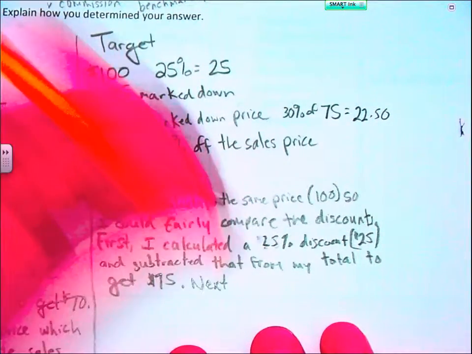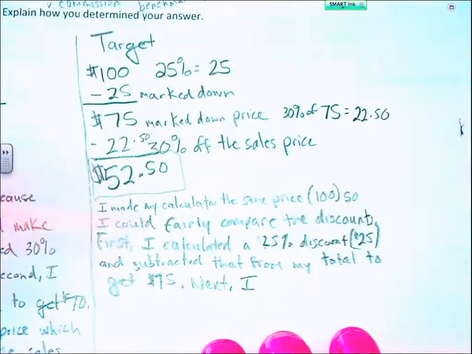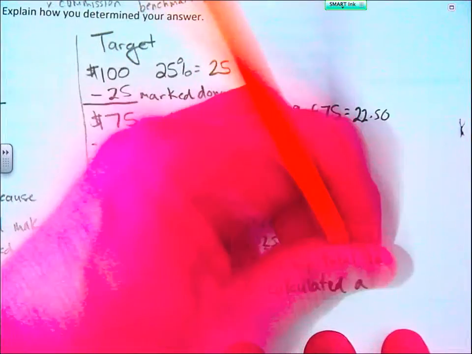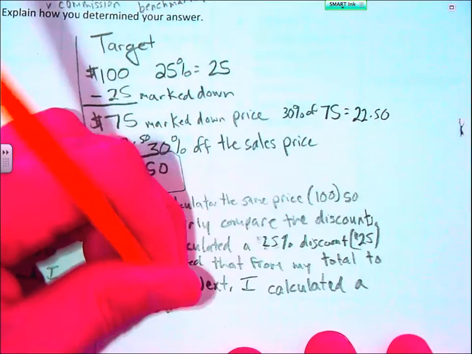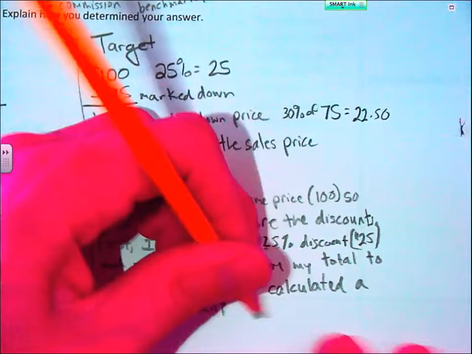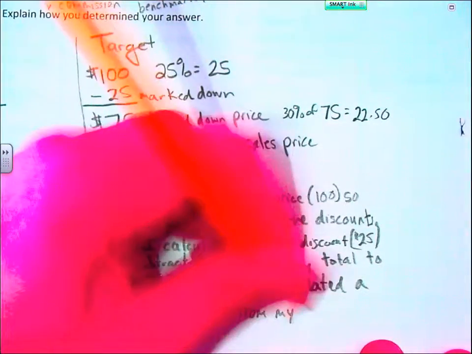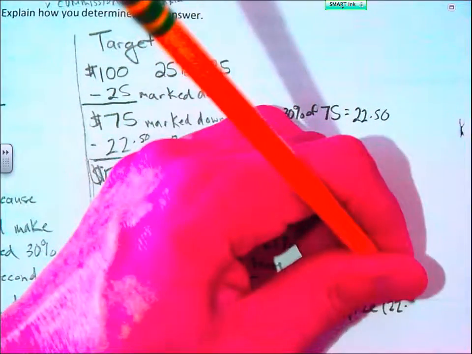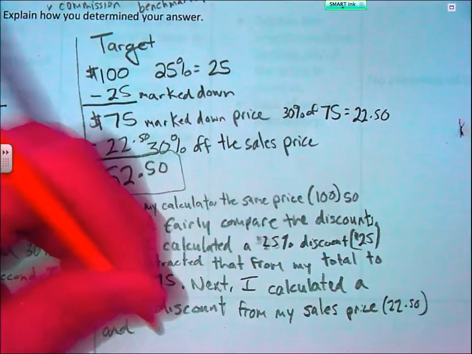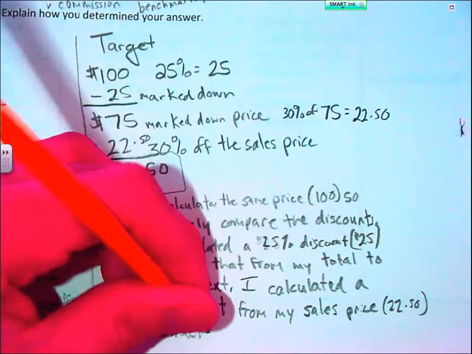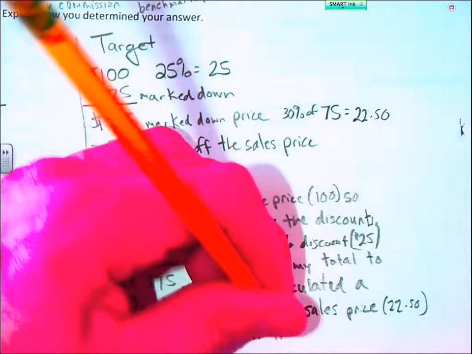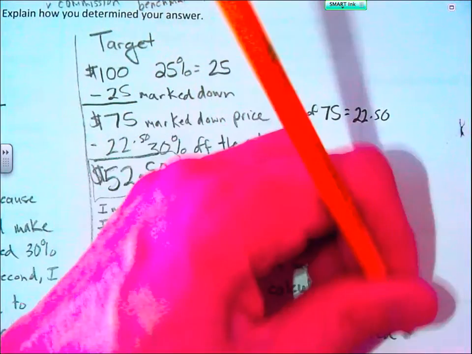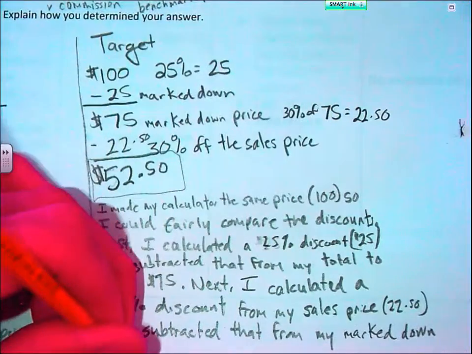Next, I calculated a 30% discount from my sales price, which was $22.50, and subtracted that from my marked down sales price.